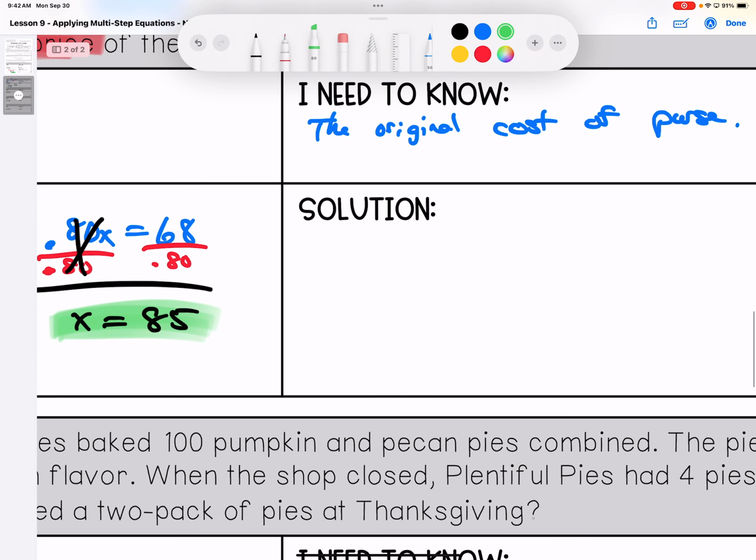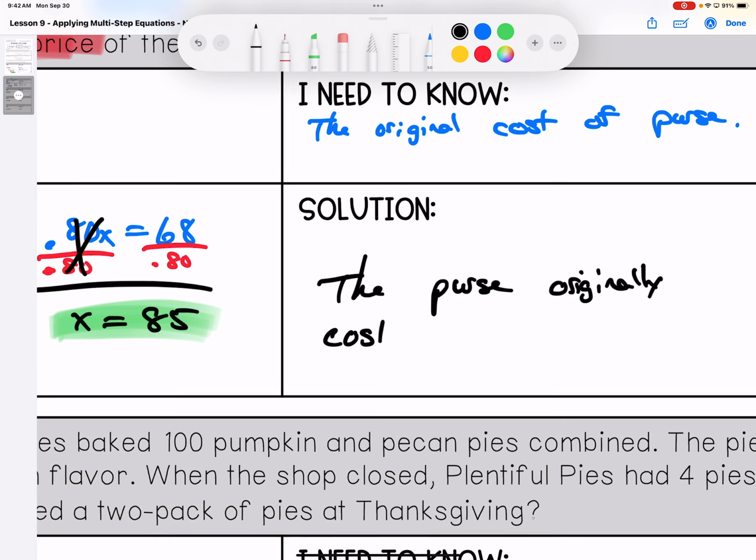So the solution is the purse originally cost, I didn't spell that right, did I? No, I forgot an I right there. Originally cost, the purse originally cost 85 buckaroos.